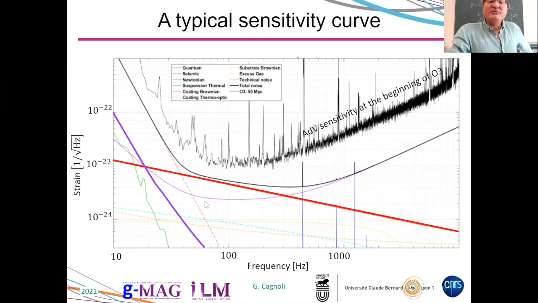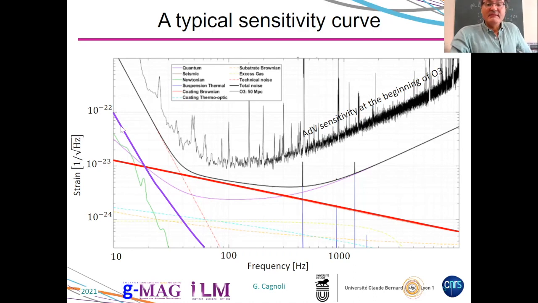So you will see that there are different components of noise. Not all the noises are fundamental. There are some technical noises, like for example this line that for Advanced Virgo represents the major contribution to the limit to the sensitivity of the detector. Today, we are discussing the thermal noise contribution, the thermal noise that comes from coatings, and Professor Reid will talk extensively on this.